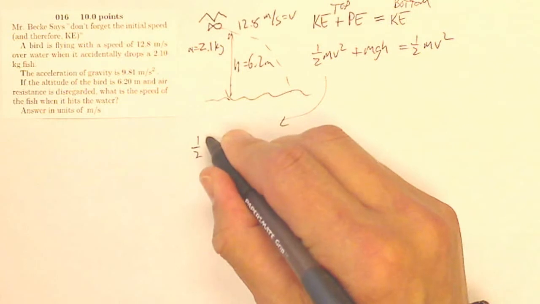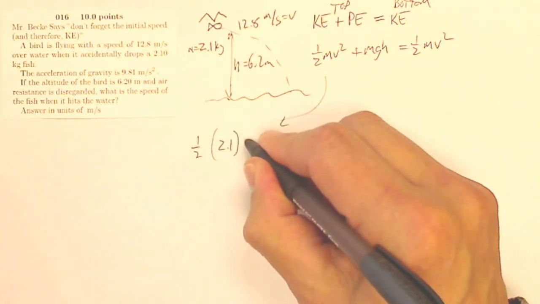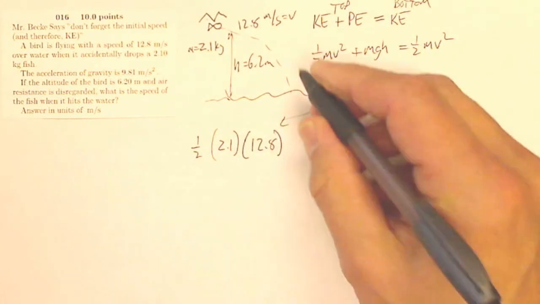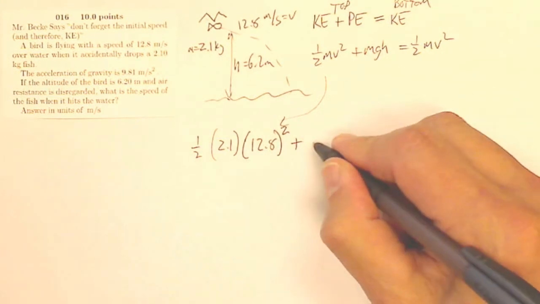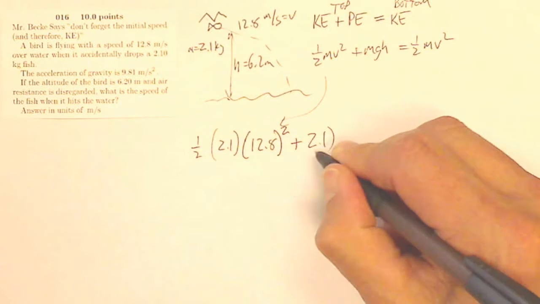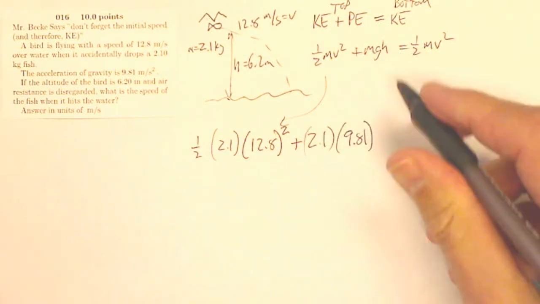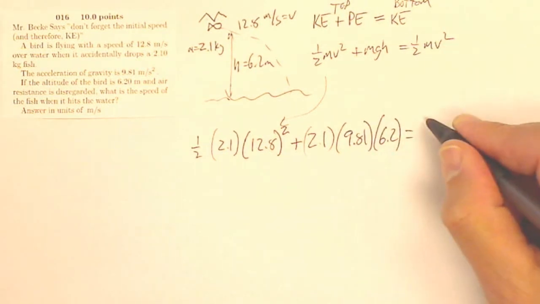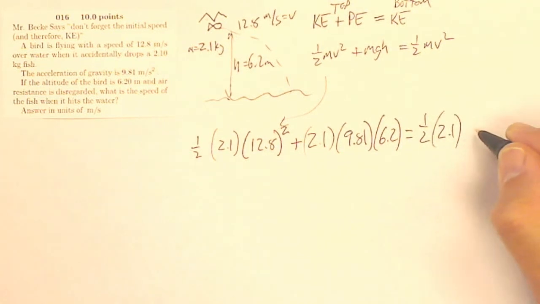I've got 1/2 times the mass of the fish, 2.1 kilograms, times the velocity of the fish, 12.8 meters per second, squared, plus the mass of the fish, 2.1 kilograms, times gravity, 9.81 meters per second squared, times the height, 6.2 meters, equals 1/2 times the mass of 2.1 kilograms times the final velocity squared.